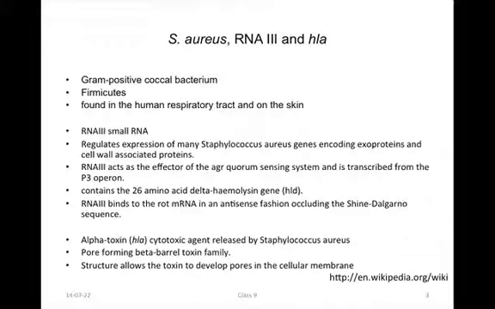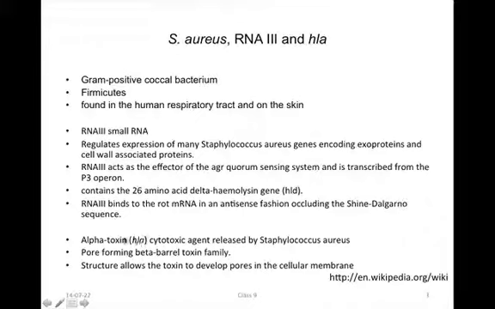So RNA3 acts on quorum sensing as well as regulating CRISPRs. The RNA3 region also has a gene in it, the delta hemolysin gene. So it's not just an RNA, it also has a gene inside of it. And they know that it binds to the Shine-Dalgarno sequence, and that's how it functions on another protein.